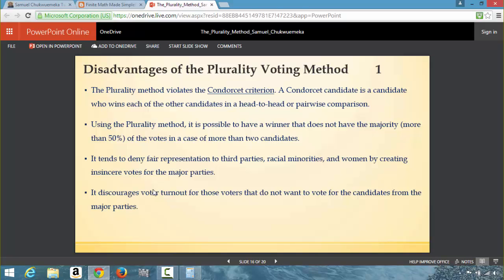And then they will sit down at home. So it discourages voter turnout for those voters that do not want to vote for the candidates from the major parties. Then it tends to create a high level of wasted votes for the third party or minor party candidates. That is also a disadvantage.